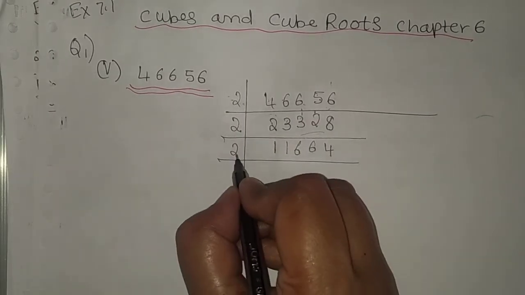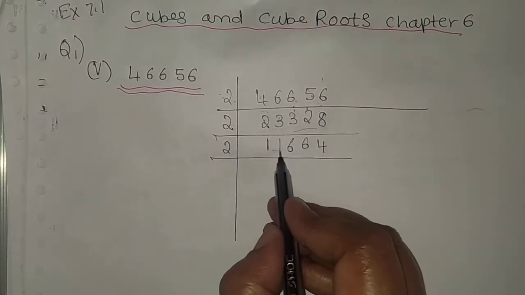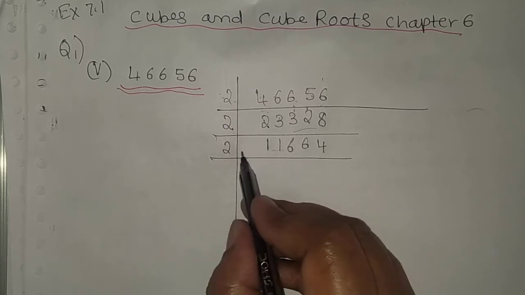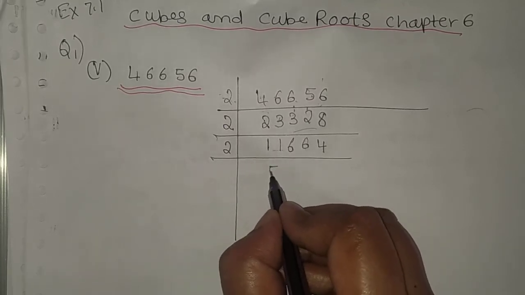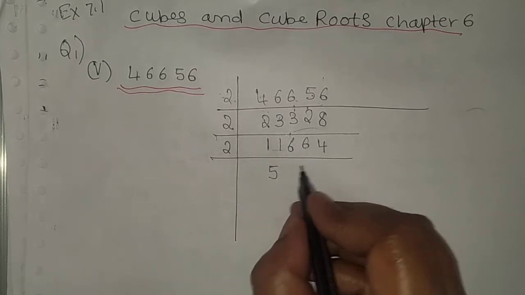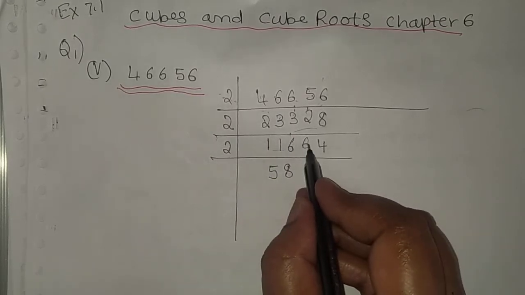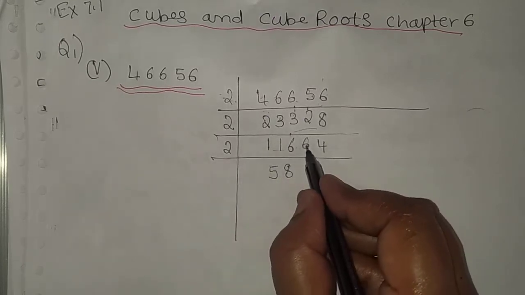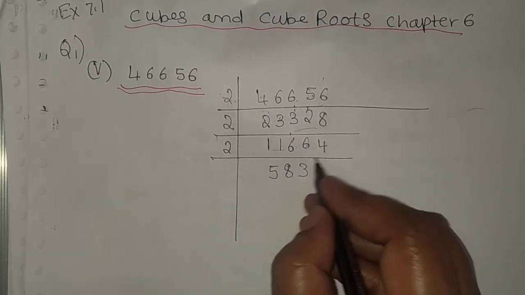Again we'll take 2. Since 11 is there, we'll take a 2-digit number, 2 5s are 10, one remainder, 2 8s are 16, again 2 8s are 16, one is there, so then 2 3s are 6, 2 2s are 4.